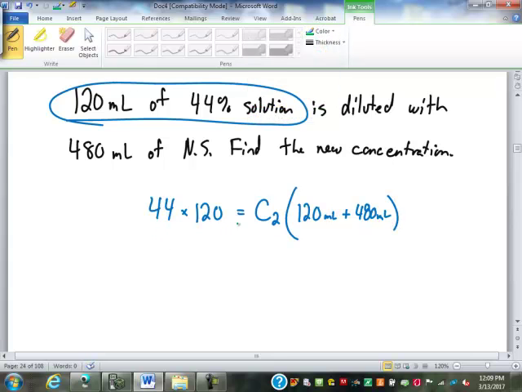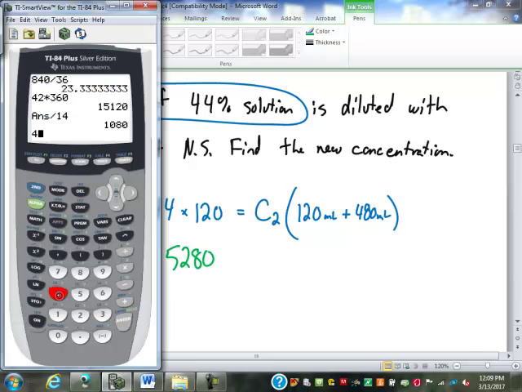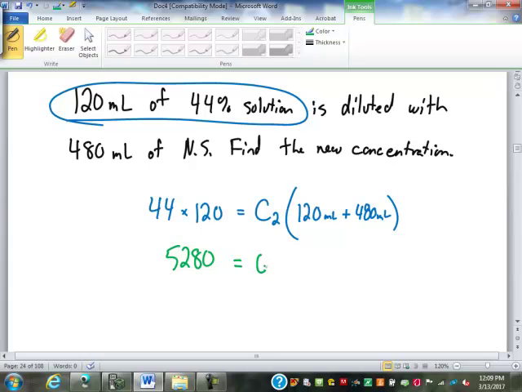So 44 times 120 is, I believe, 5280. I'll double check it just to be sure. It is. Equals C2 times 120 plus 480, which is 600 milliliters.